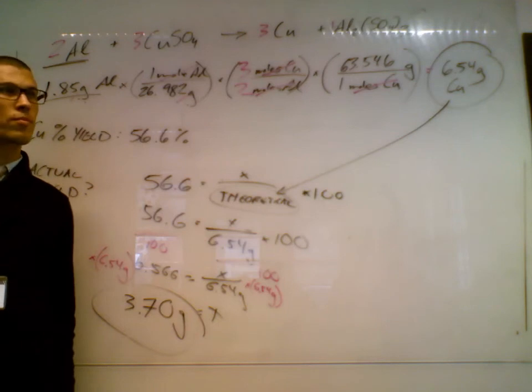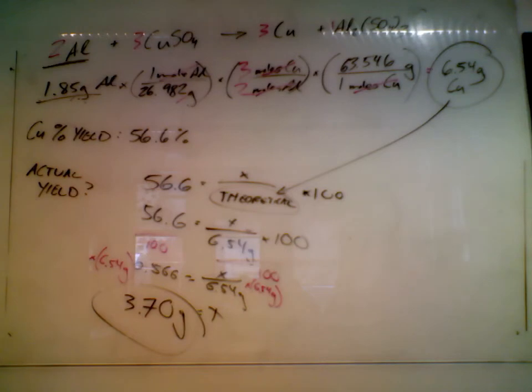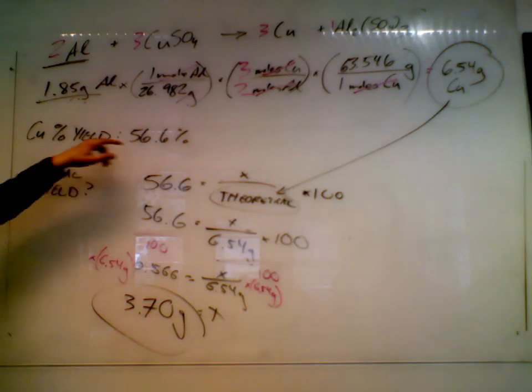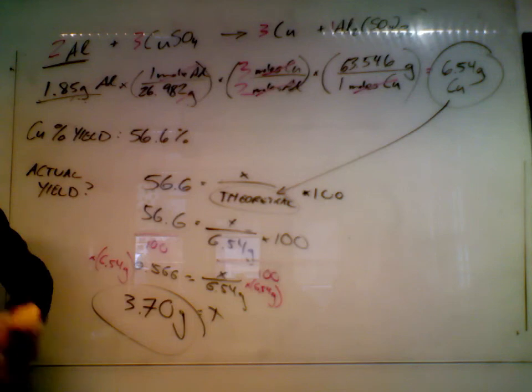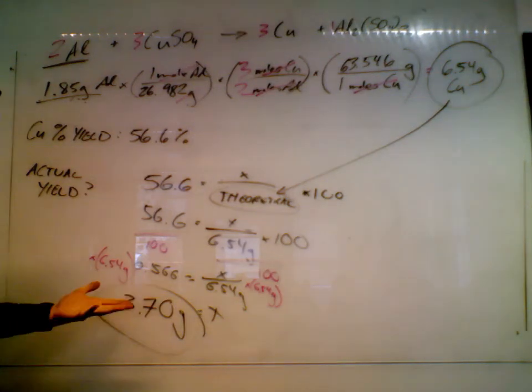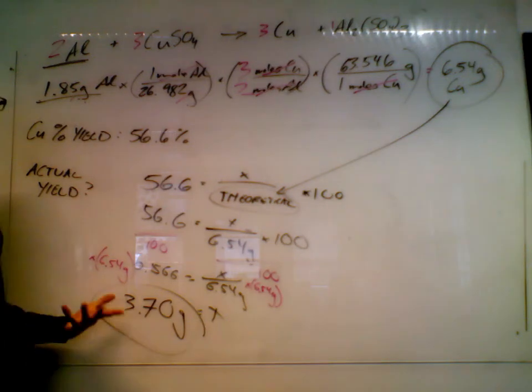Are you gonna ask us for the actual instead of the theoretical? Well, I could do that, but that would be pretty easy. I could say, let's suppose that Cu's percent yield is 56.6%, and let's say the actual yield is 3.70 grams.